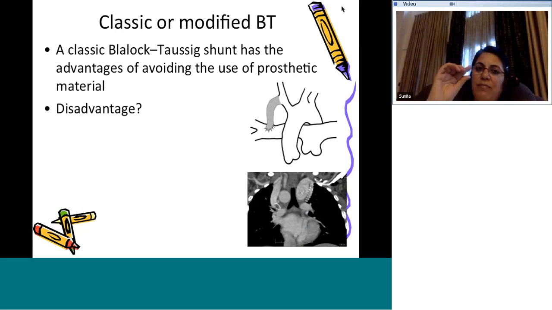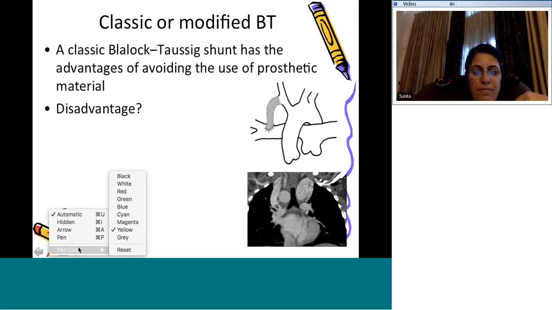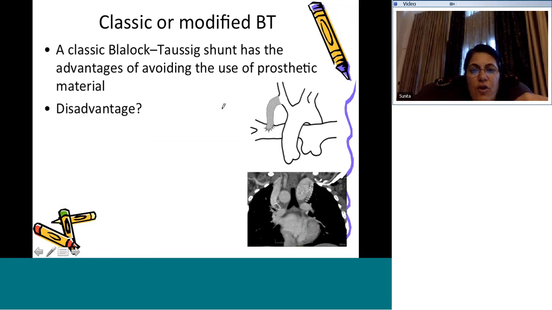So in a classical BT shunt, you take the subclavian artery, turn it down, and attach it to the pulmonary artery. What do you do in a modified BT shunt? The subclavian artery will supply the arm. So here, this is your subclavian artery, right? And this is your PA. Now you see here, you've taken the subclavian artery here and turned it down.